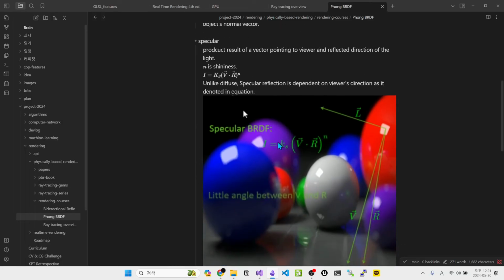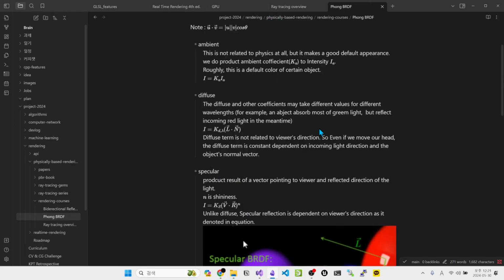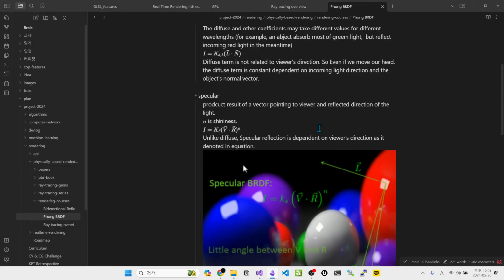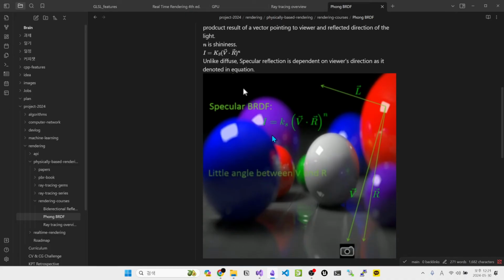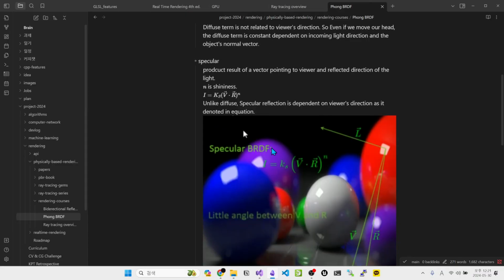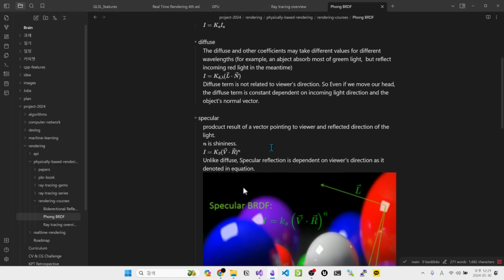So for example, this blue object absorbs red and green light, but it reflects all the incoming blue wavelengths to our eyes, so we can see this object as blue.